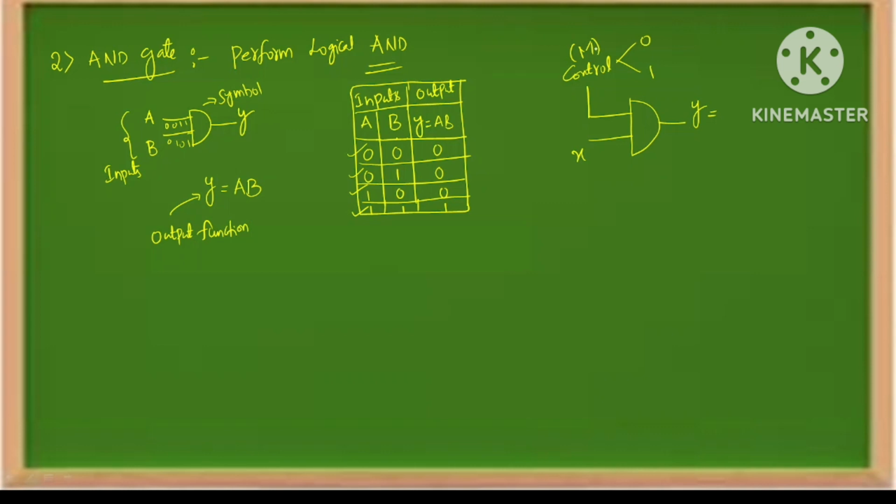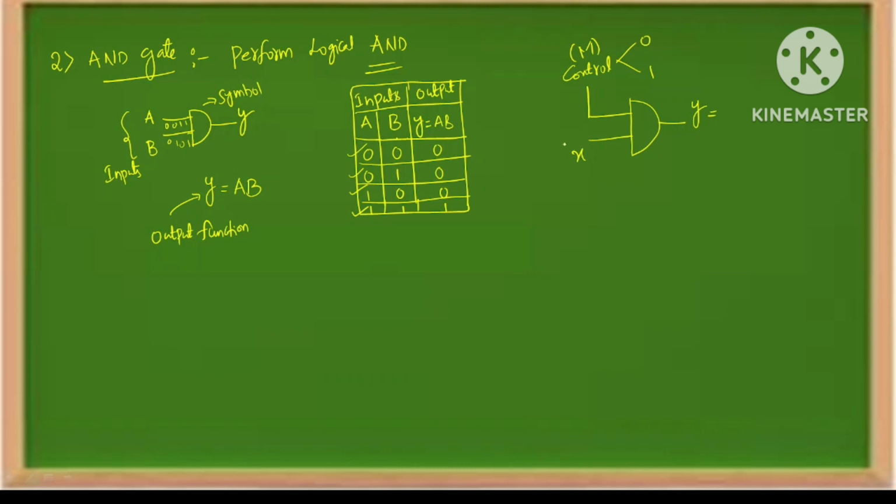It is possible only by controlling this m. Now, how is it possible? For example, if m is 0, then whatever x value we apply here will not be transferred to the output, because if one input is 0, the output of the AND gate is 0 irrespective of the other input.